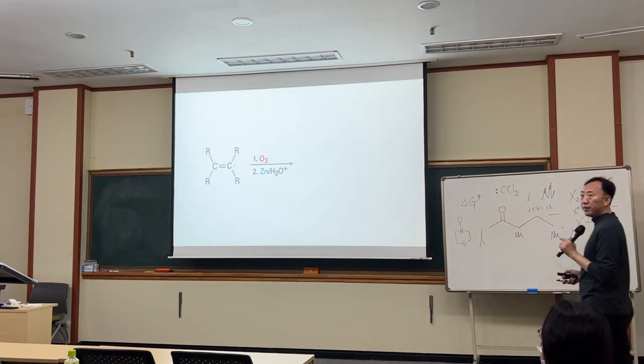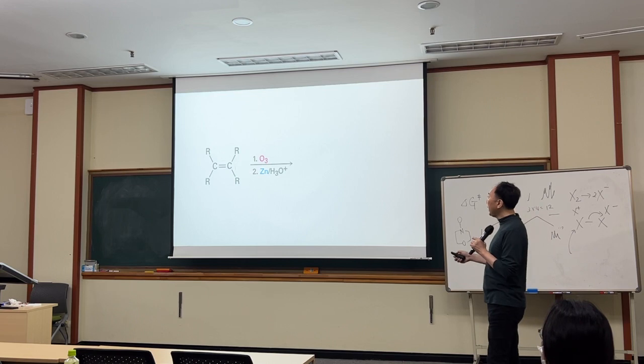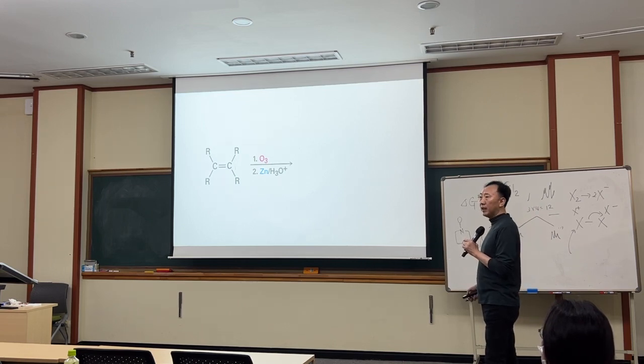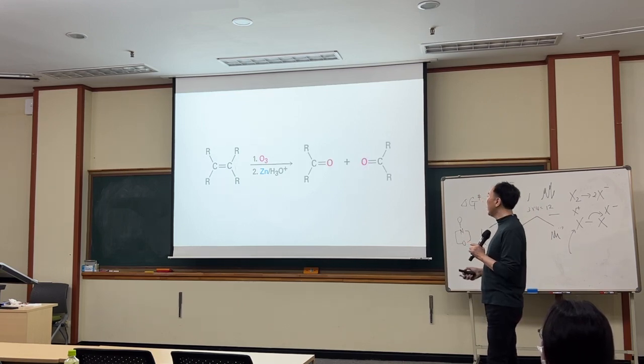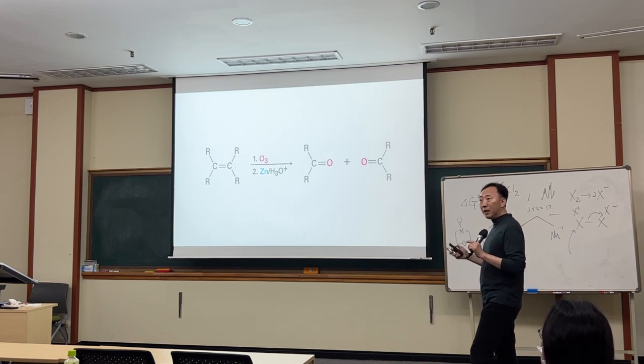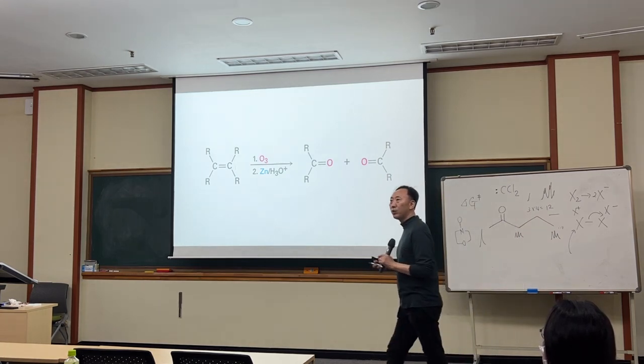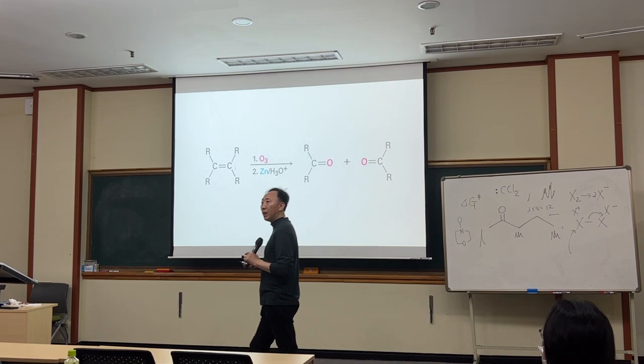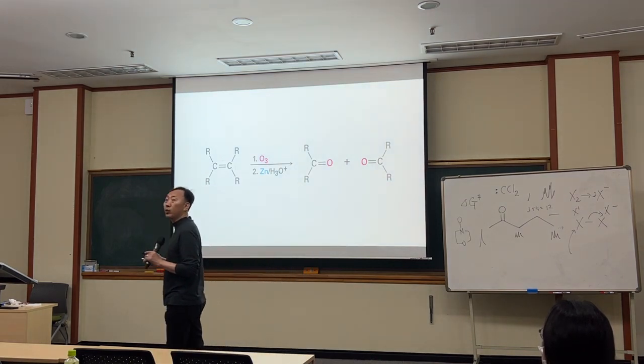Okay, ozonolysis. The double bond is broken up by adding ozone in the middle. Then you generate oxygen on both sides. There are two ways of workup. You add metal. Is that oxidative or reductive? Metal powder. Reductive.